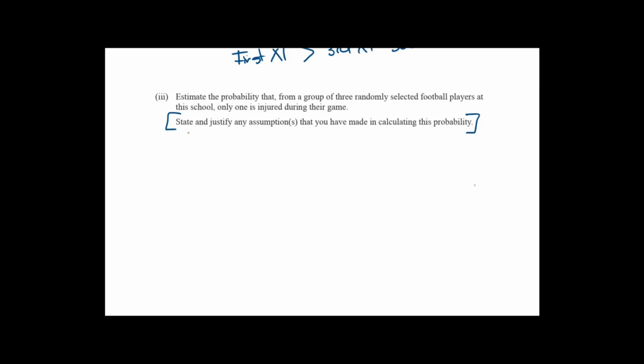So I'm going to go over one. So method 1, the assumption is that it's random, from different games, which isn't really stated there. It doesn't say whether these are all from the same game or not.